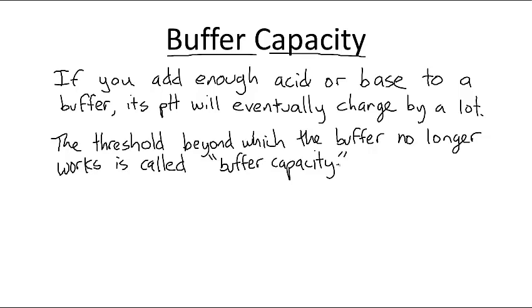So every buffer is going to have its breaking point. It has a certain capacity, and it works. And beyond that capacity, it fails. Instead of being like heat capacity, probably a better analogy would be like the weight capacity of an elevator or of a boat.